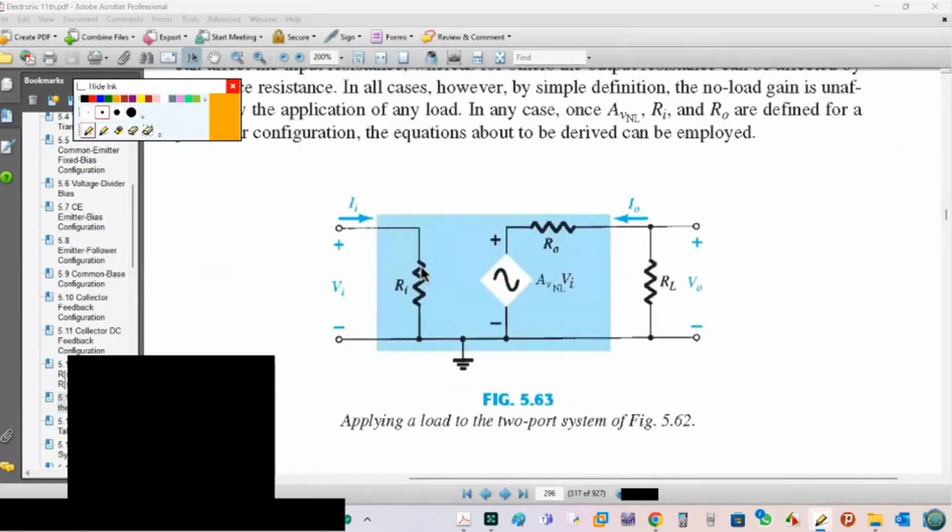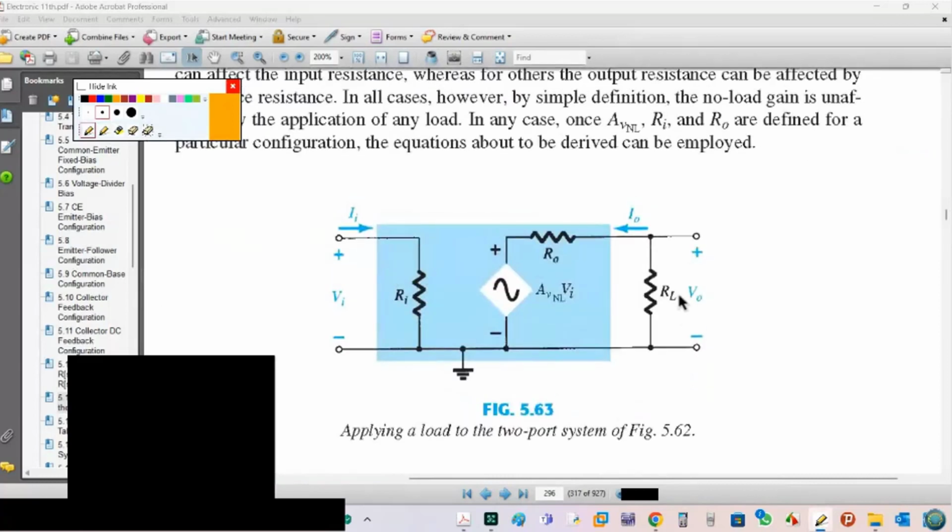So AV load. AV is VO over VI. How can I calculate VO? Okay, I can use the voltage divider method.